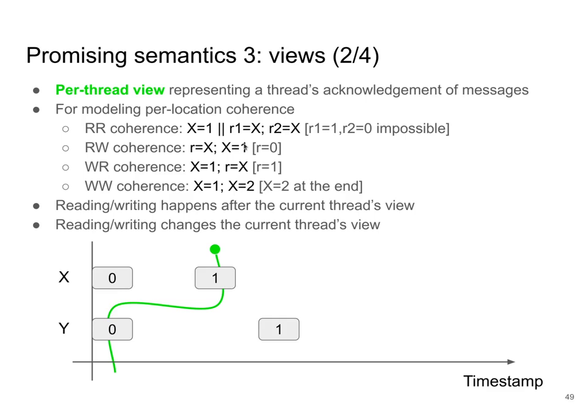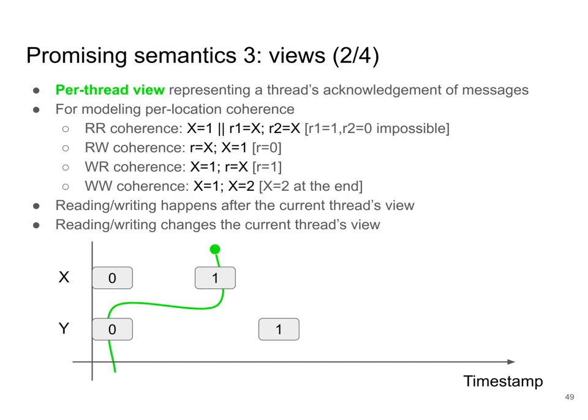Let me tell you how to model this idea, how to model RR coherence or read-read coherence, in the promising semantics. At the time that R1 equals 1, by reading X equals 1, the thread view is updated to point to the value X equals 1. So the thread here is pointing to this message, X equals 1, right after this instruction, because value 1 is read here. After that, we are going to read X again.